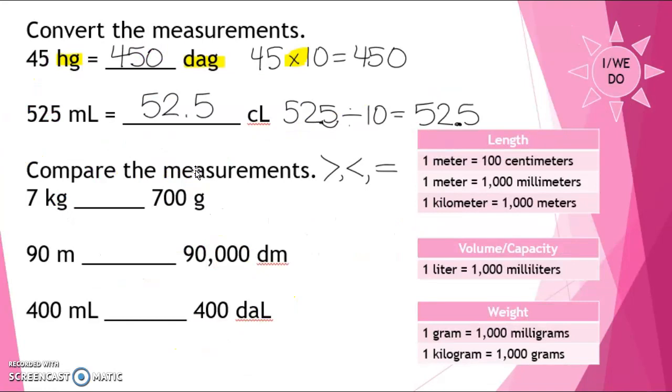And since we're going down, we have to multiply. So 7 kilograms times 10 to the 4th power, which is 70,000.